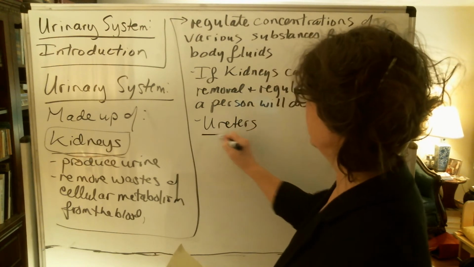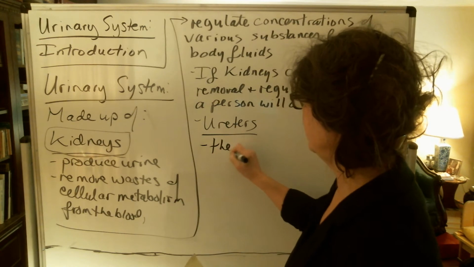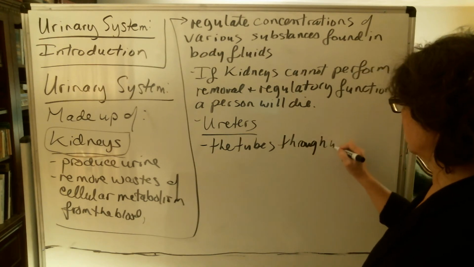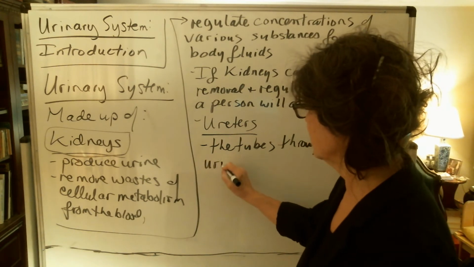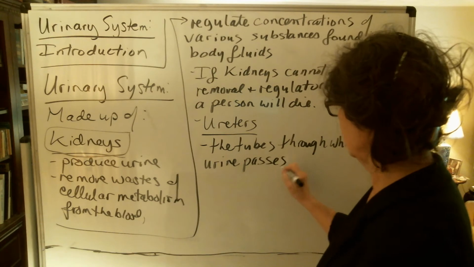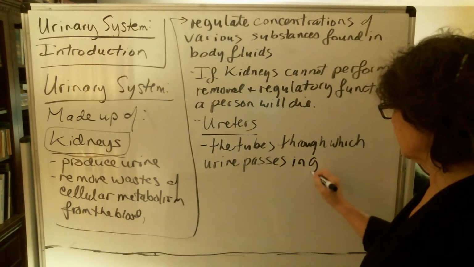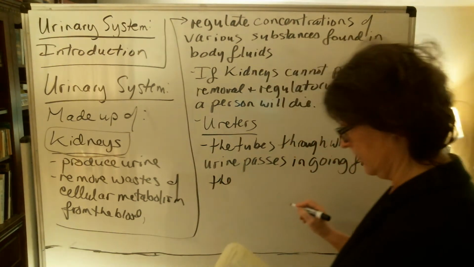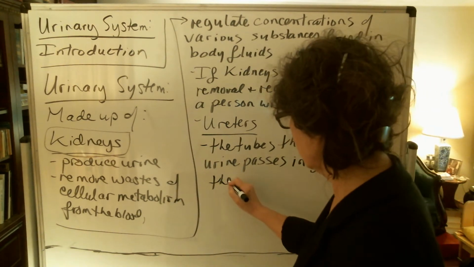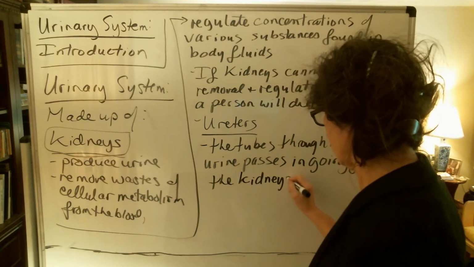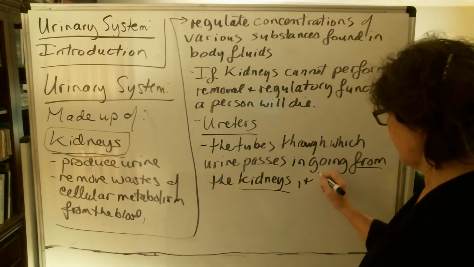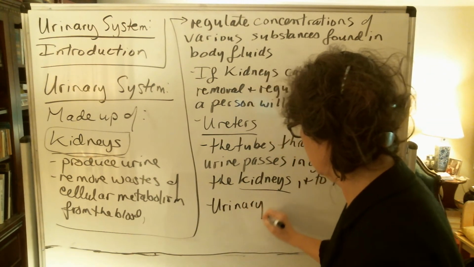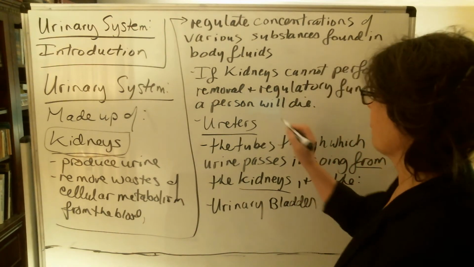The next part of the urinary system then are your ureters, and these are the tubes through which urine passes in going from, in fact, we'll do it this way, from then the kidneys and to the next bit here, urinary bladder.